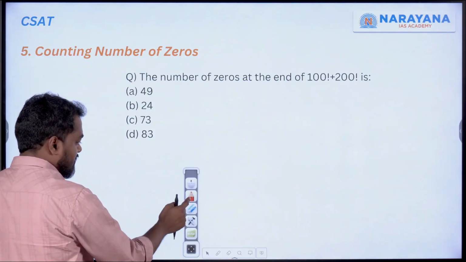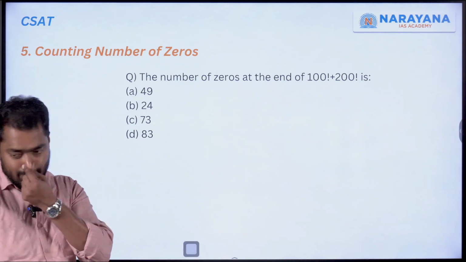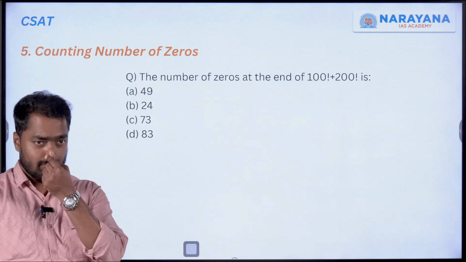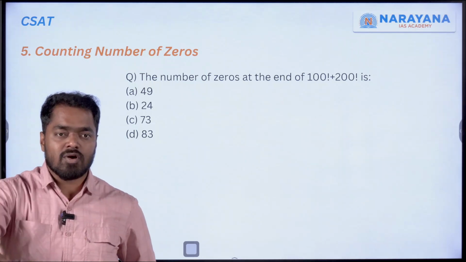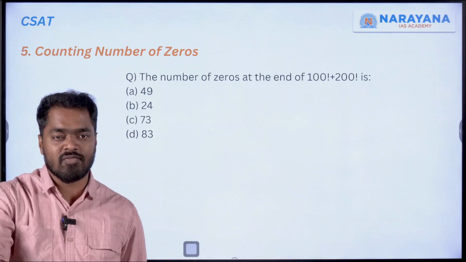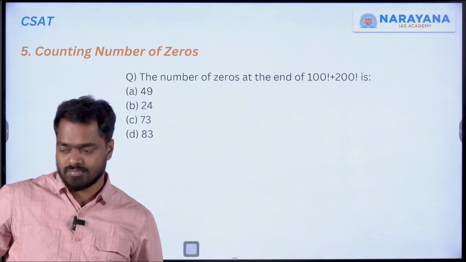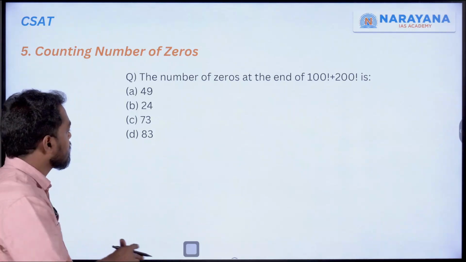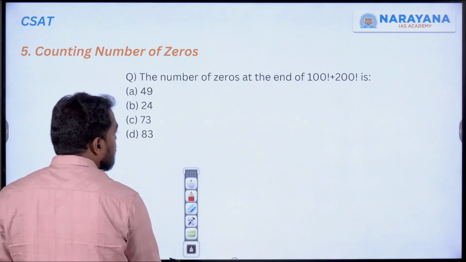Let's solve the next question. The number of zeros at the end of 100 factorial plus 200 factorial. Let's solve this one.